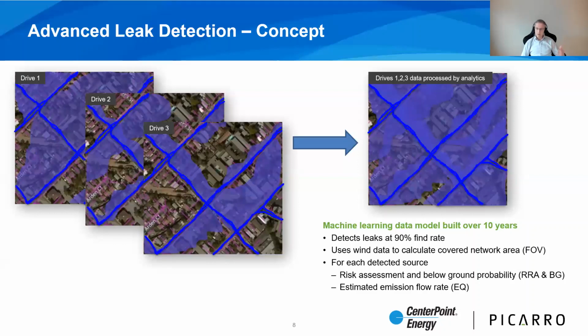And with our prescribed protocols, we typically get also upwards of 90% field of view coverage of assets. And then for each detected or potential emission source, we compute a risk assessment and the probability of the potential leak being below ground, as well as an estimated emission flow rate.